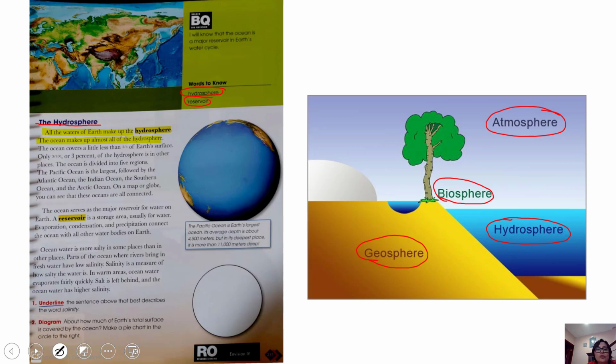Okay, I want you also to underline this important detail that is here. The ocean covers a little less than 3/4 of the Earth's surface. 3/4 of the Earth. That means that if we divide the Earth, you know that the Earth is rounded, right?